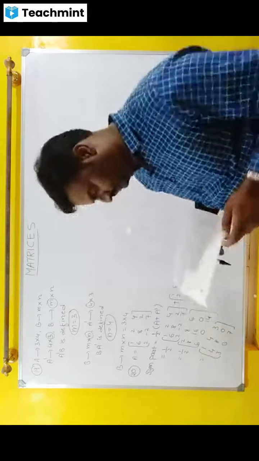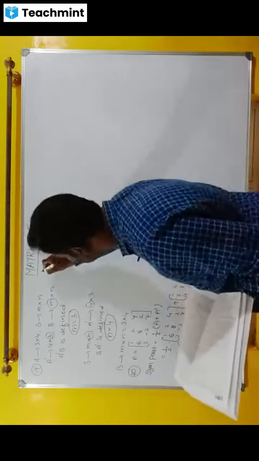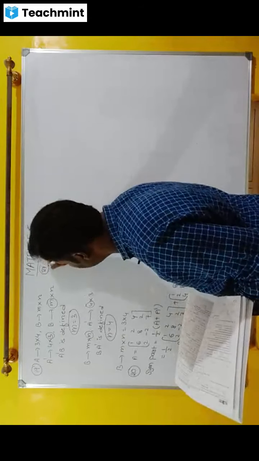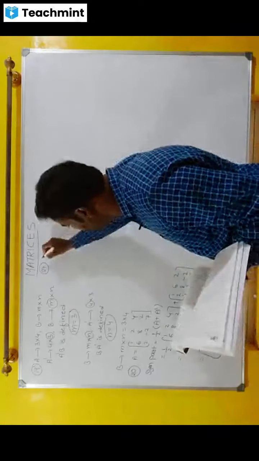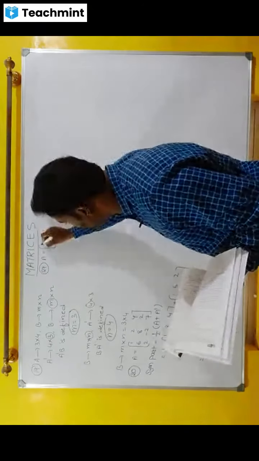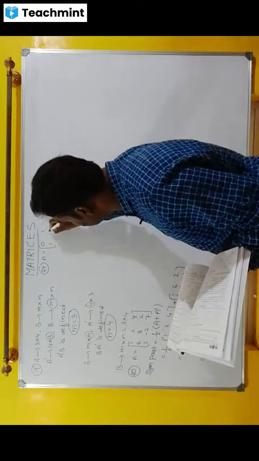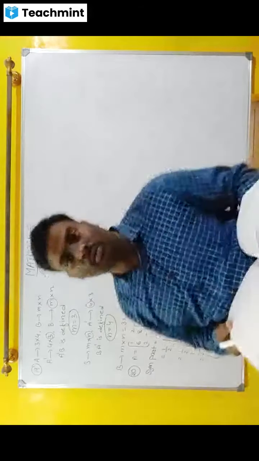Okay, next. The 27th question. Because the questions in between are determinant questions, I am not explaining them. 27 is a very easy question. A equals the given 0, 1, 1, 0.